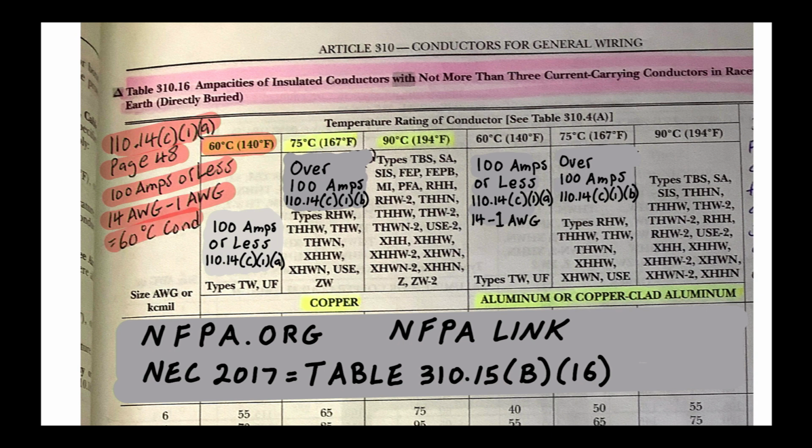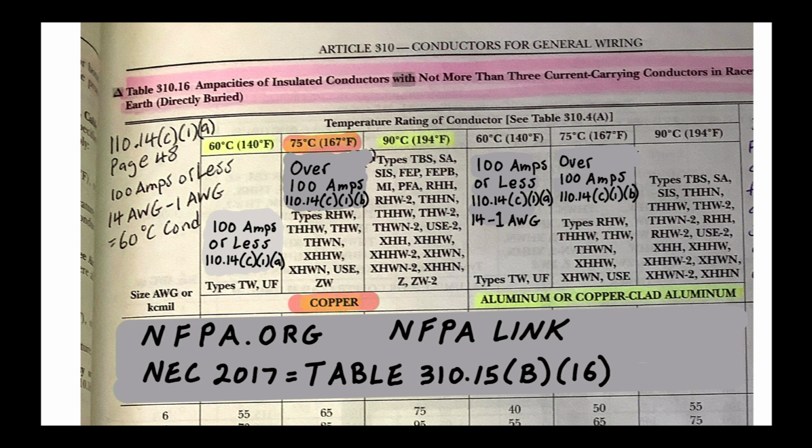All right, now let's take a look at the 75 degree C column. Again, we're talking about copper right now, not aluminum. If we don't tell you what conductor material we have in the question, it's going to be copper, unless we tell you it's aluminum.